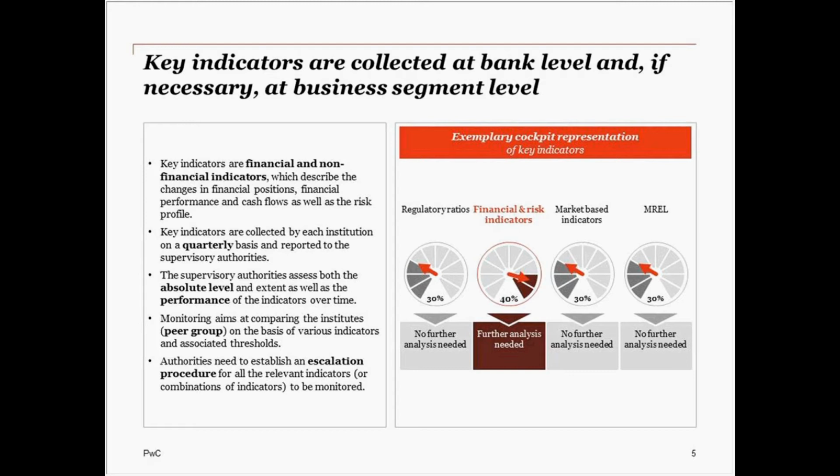Also, from the supervisor's point of view, they would not only look at one bank specifically and on a standalone basis, they would always compare that bank to its peer group. From that angle, it is quite important that the supervised banks have some idea what their peer group is and which other banks might be in it, despite the fact that the ECB will not disclose the peer group to the bank itself.